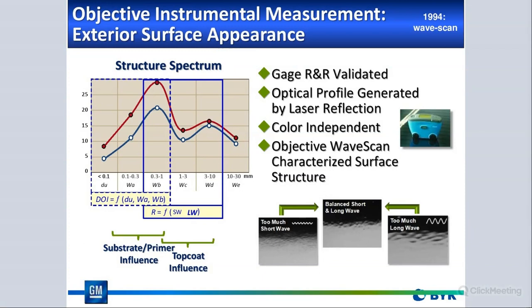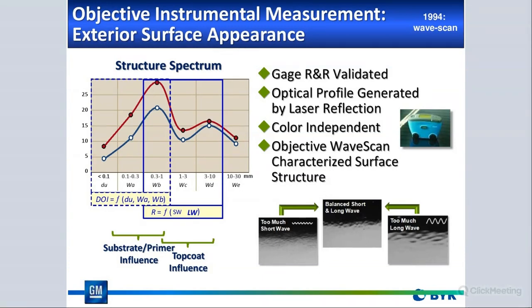So the bottom pictures, the 3 pictures, you can see too much shortwave, very, very fuzzy or grainy looking. Where I have a balance between my short and long wave, I look really good. And if I have too much long wave, I'm going to get this much longer wavelength that's going to be showing to my customer, which also is not technically what people like.